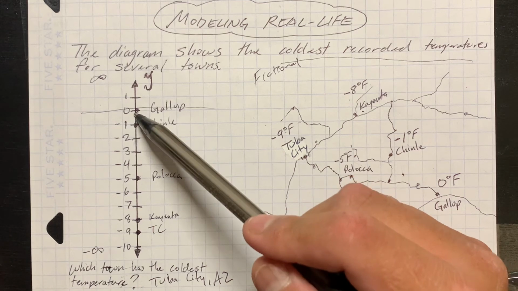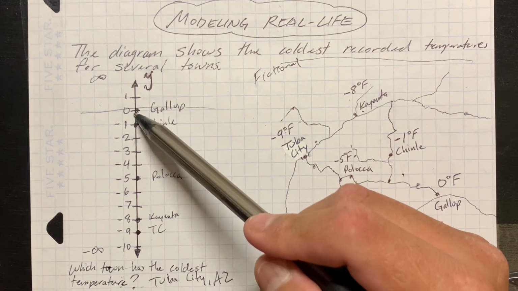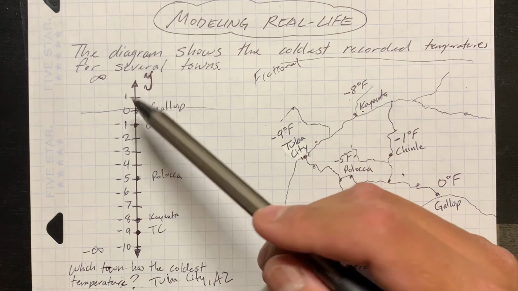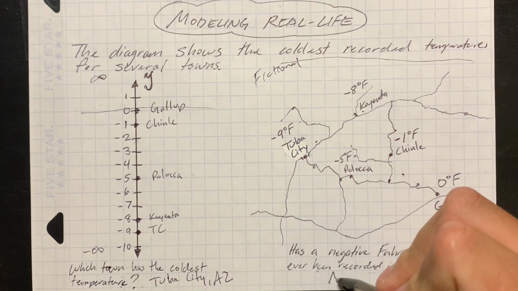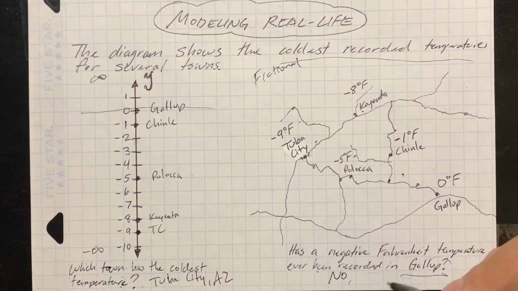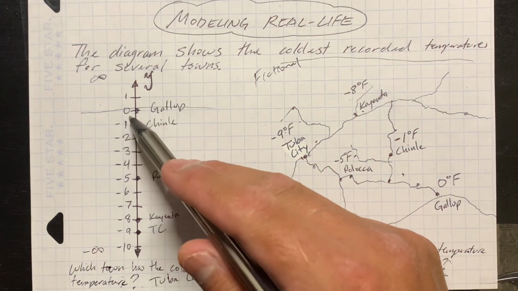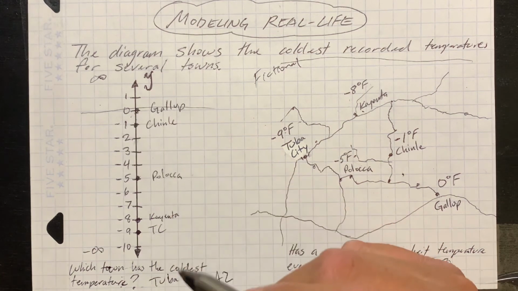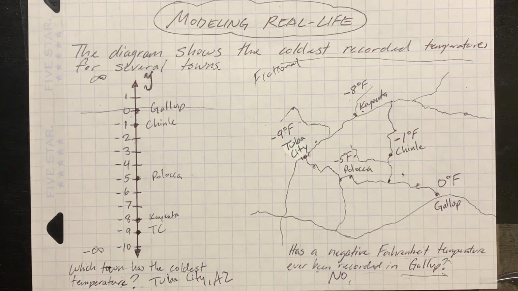It is neither negative nor positive. So we're going to say no. Gallup has no negative Fahrenheit temperature ever recorded, because 0 is the coldest and 0 is a neutral number.